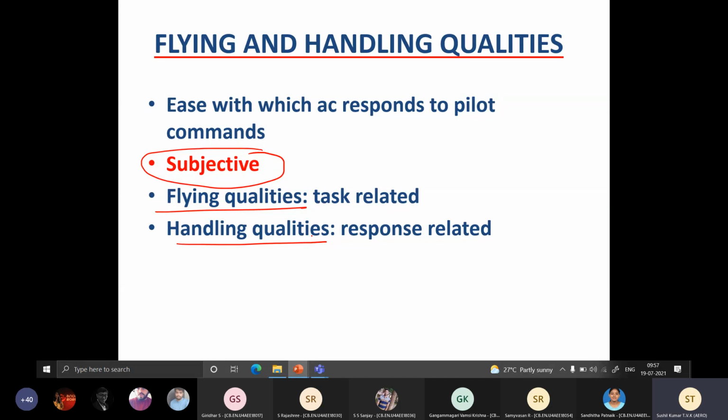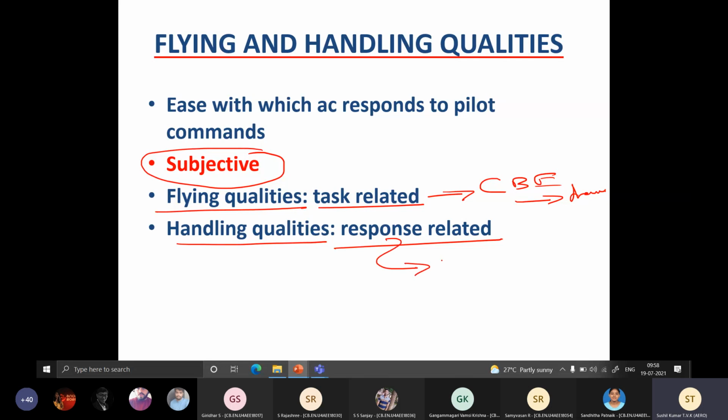Again, other books, they just say flying and handling qualities, whereas M.V. Cook makes a clear distinction. So when you talk about flying qualities, it is task related. Handling qualities are response related. It might look something vague. Okay, task related is I want to fly safely from Coimbatore to Chennai and as comfortable as possible.